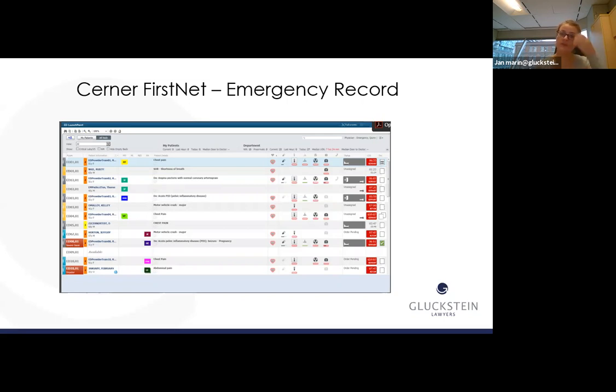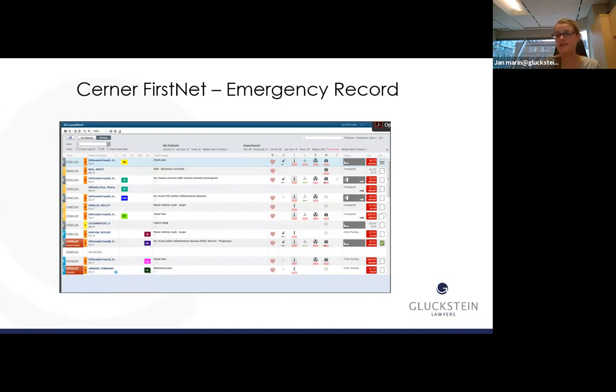Then you've got numbers, most of them here 2 orange numbers and 1, 3 down there. Those are the CTAS levels that have been assigned to the patients, or the acuity level. Then I've got the patient's name. Those colored boxes are the care providers that have been listed on having care of that particular patient. Then you've got the primary complaints or details of the admission.